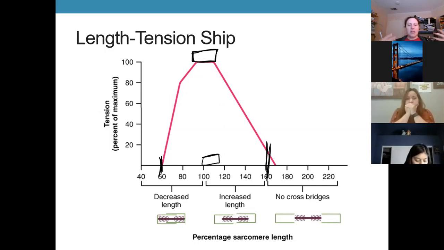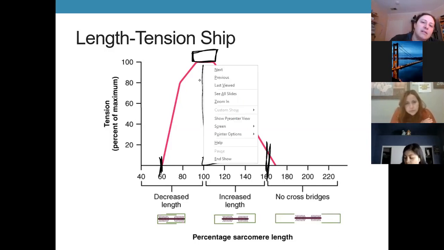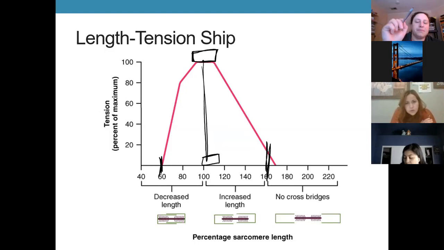And we need overlap to have cross bridges, because if the actins and the myosins aren't next to one another, they can't bind together. So that's where we get this crazy looking little graph. Here in the middle is when we can get peak tension. This is peak tension. And this is our range of functional sarcomere length.